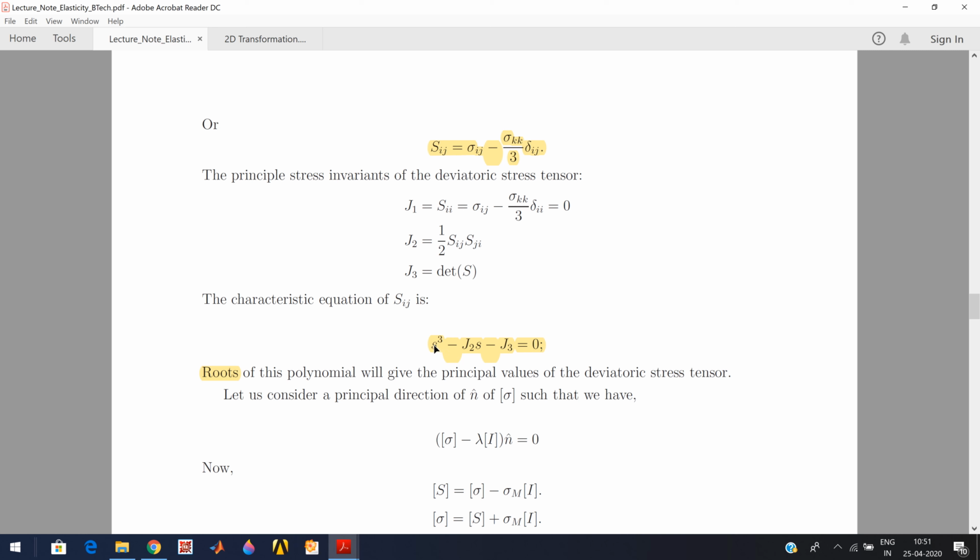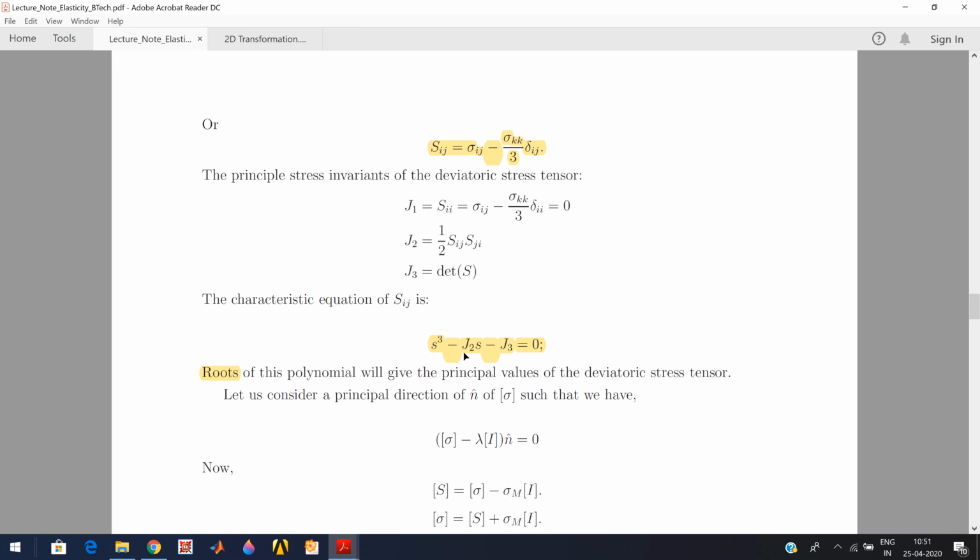But here we have S cubed, then the second term would be minus J1 S squared, but J1 is 0, that's why it is not coming. Then it would have been plus J2 S, but we are actually taking minus J2 here, and then minus J3.